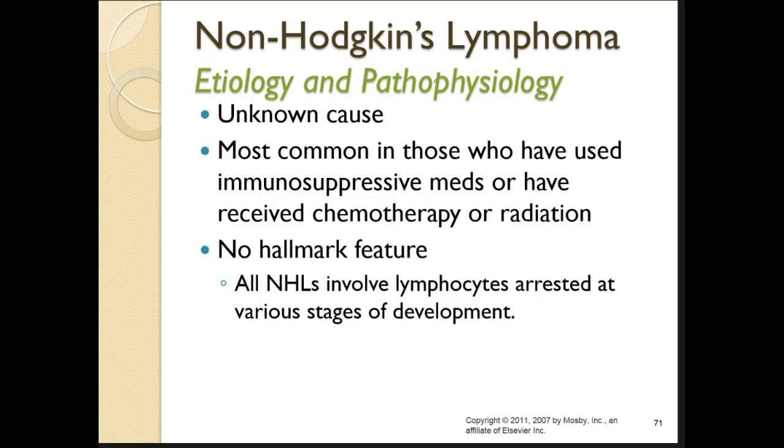Diffuse large B-cell lymphoma, the most common aggressive lymphoma, is a neoplasm that originates in the lymph nodes, usually in the neck or abdomen. Burkitt's lymphoma is the most highly aggressive disease and is thought to originate from B-cell blasts in the lymph nodes.